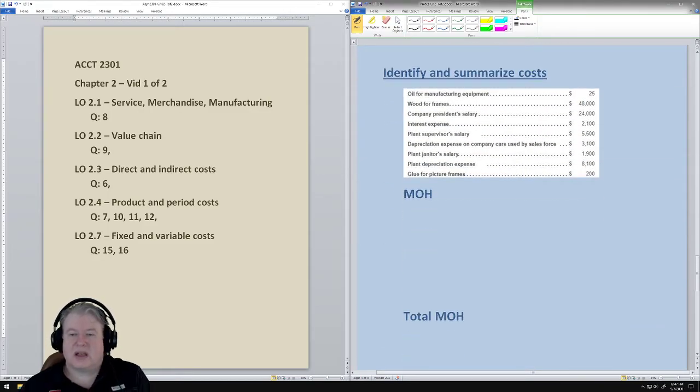So what usefulness is this? Well, a lot of times you're going to be given a list of items, and you've got to summarize which items are manufacturing overhead. So when we look at something like this, we can go through and say, oil for manufacturing equipment. Is this factory or not factory? Well, that seems like factory.